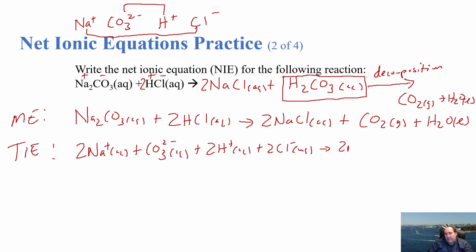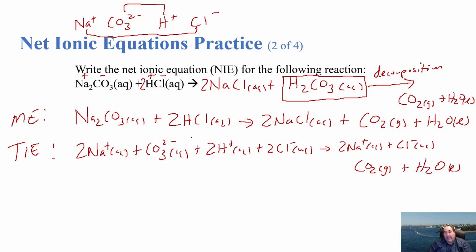This will give us 2 sodium ions on the other side and 2 chloride ions as well. Now our CO2 will stay together as it's a gas. And also my water will stay together here as well.